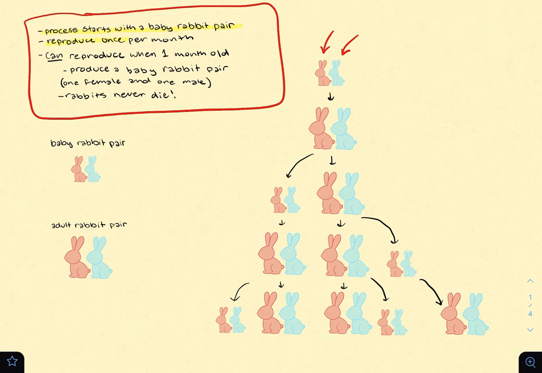The rabbits can only reproduce once per month. They can start reproducing when they are 1 month old. They always produce a baby rabbit pair, which consists of one female and one male rabbit. And rabbits never die, which means the process keeps on going forever.